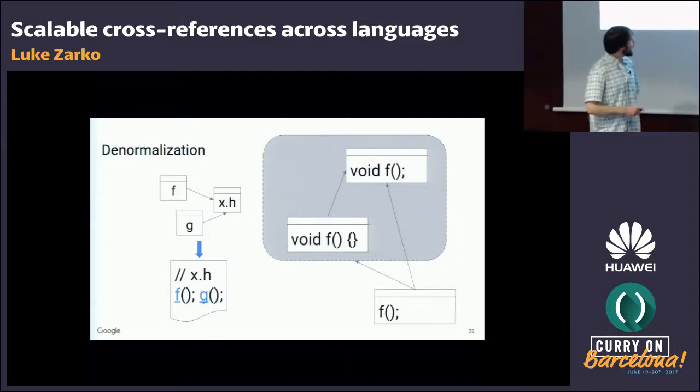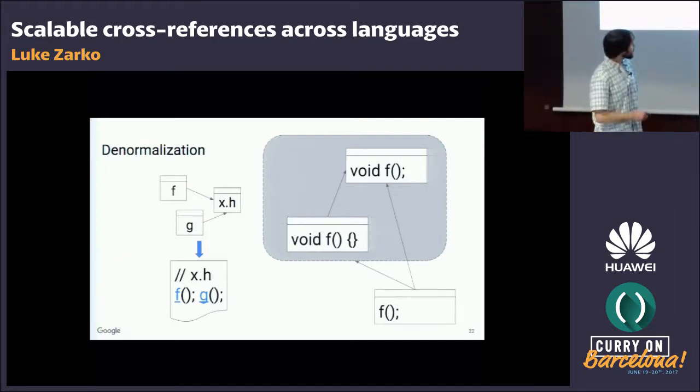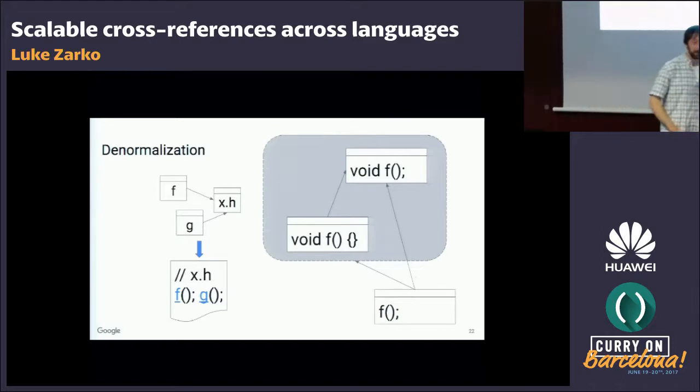Imagine that you're asking for all of the call sites of a function f, and you have some forward declaration of f in some source file c, and the implementation of f, the full definition of it, in another source file c. If a user asks for the call graph for f, and they only see calls to this, or only see calls to this, that user will be upset, and rightly so.